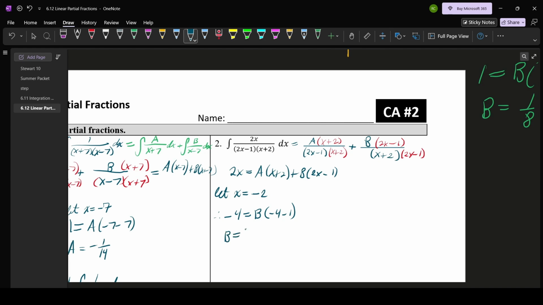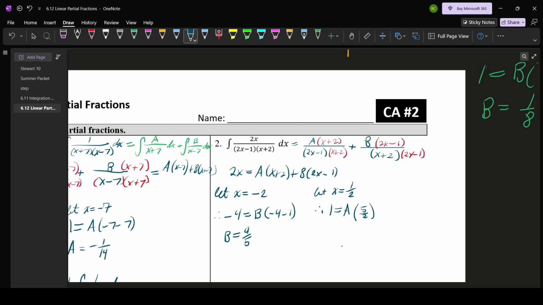So b is 4/5. Let's let x equal a half, because a half of 2 is 1 and 1 minus 1 is 0. That'll allow this b term to cancel out. So therefore, if x is a half, that means 2 times a half is 1 equals a times a half plus 2.